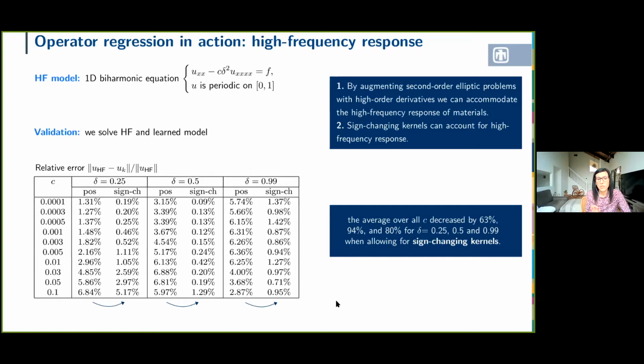As you can see, just by allowing the kernel to be slightly negative, we always get a more accurate solution. So this is a sign that having a sign changing kernel is really important anytime we're looking at mechanics and materials, as I will show you in the next example.